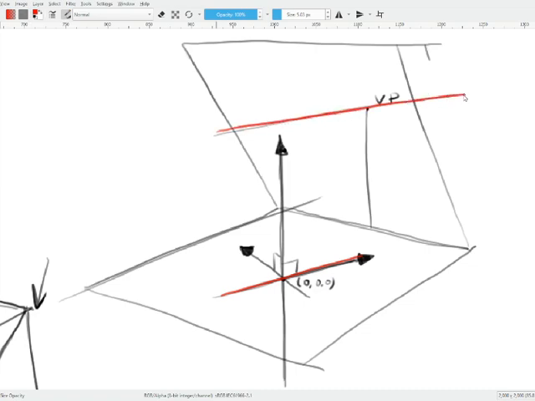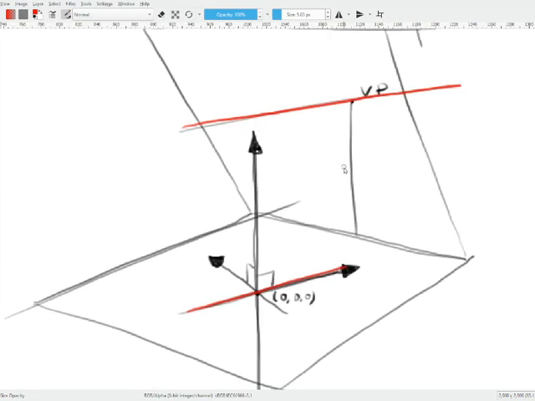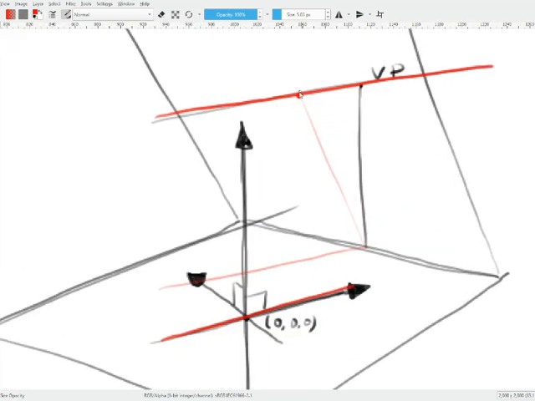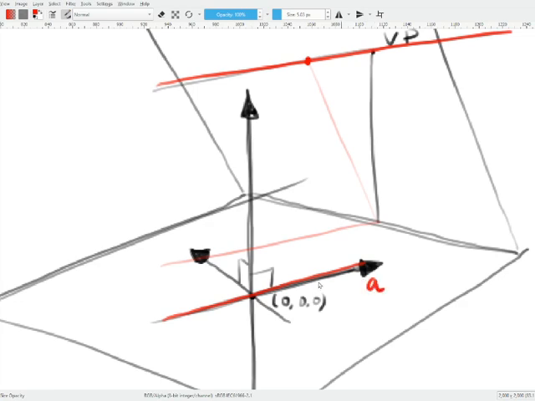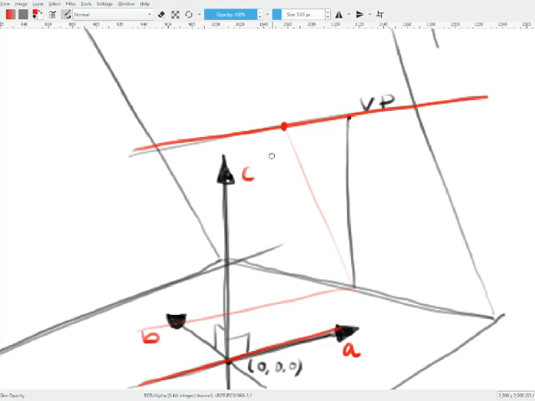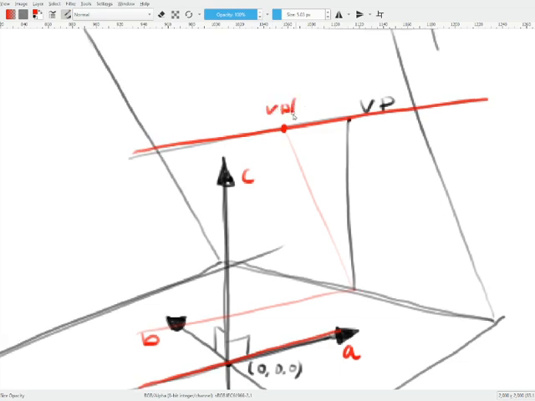This is this line. Let's draw it more precisely. So we have something like this. There we have a vanishing point, so let's denote them as A, B, and C. This is the vanishing point for A.